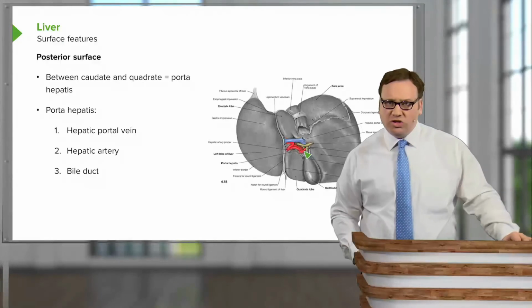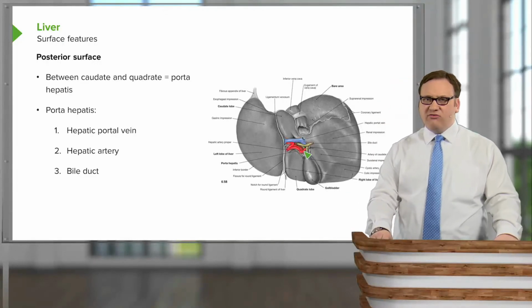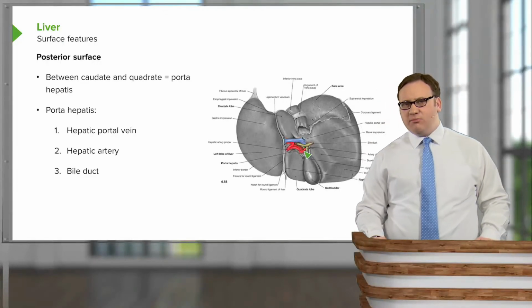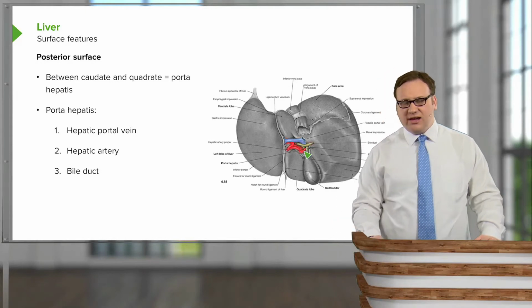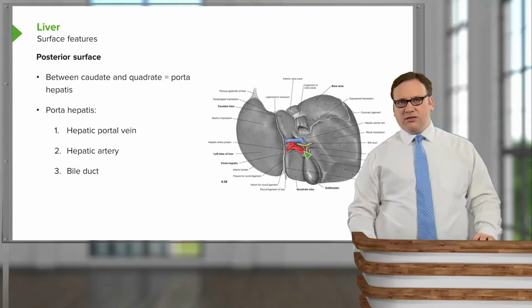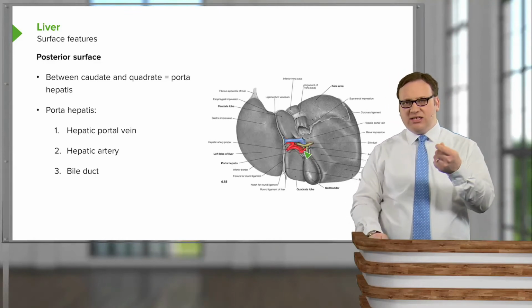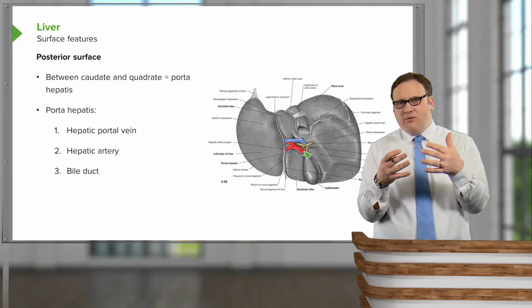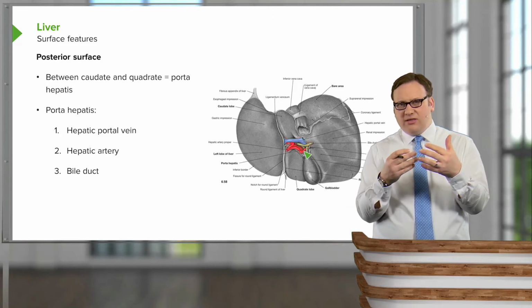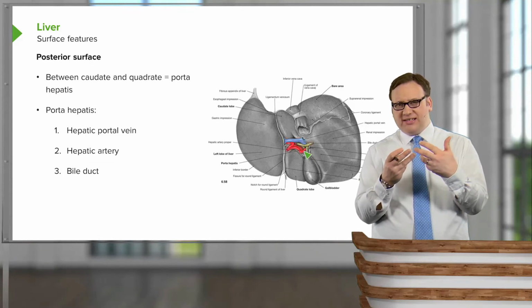If you remember the portal triad running in the free edge of the lesser omentum in the hepatoduodenal ligament, it contained three structures. And those three structures are now passing towards this opening at the liver, this kind of gateway to the liver that allowed these vessels to pass in and out.